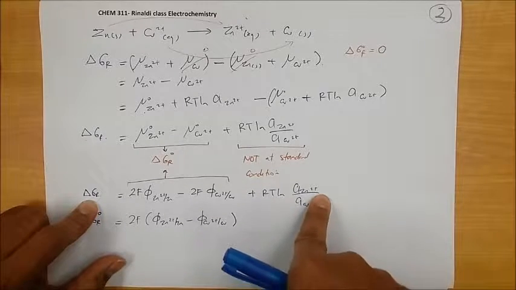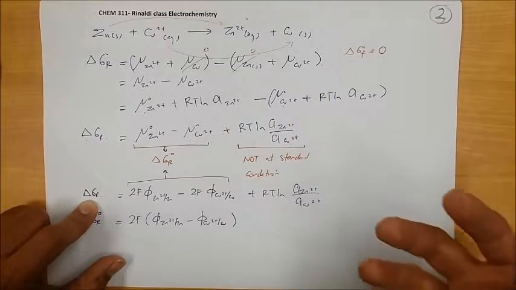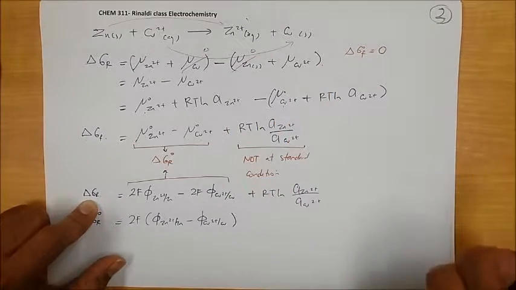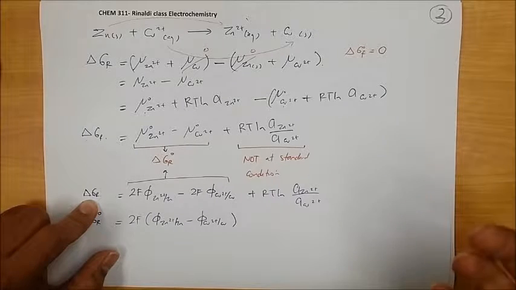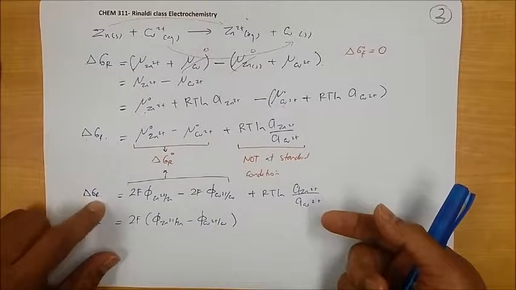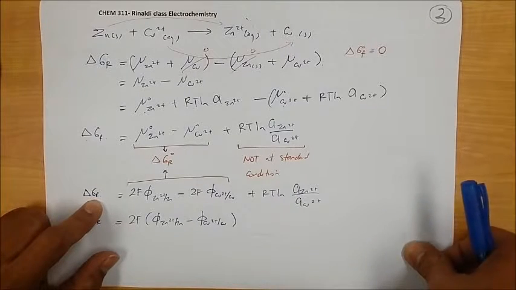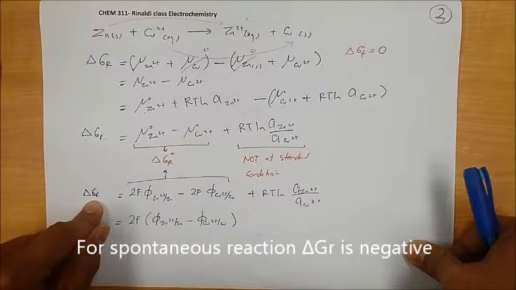If you're interested in doing a reaction, normally you want to maximize the energy that you can get from that reaction. So you want to make this value bigger, or for a spontaneous reaction, it has to be more negative.